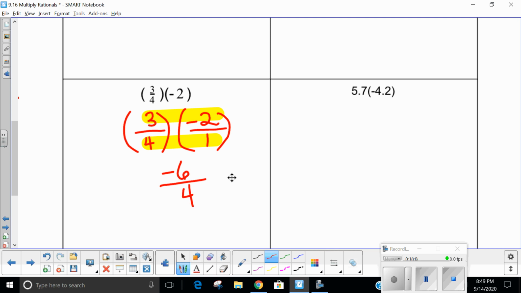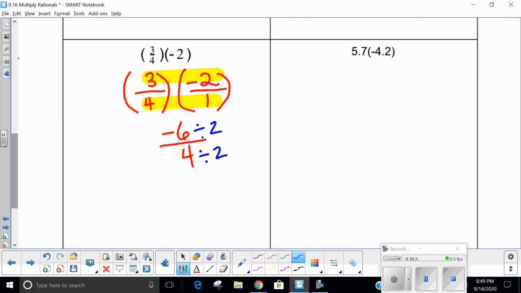Now we want to reduce this further. So I'm looking at this and I notice that these are both even numbers. So I want to make the number smaller. If I want to make it smaller, I have to divide. Since they're even numbers, I know I can divide both of them by 2. So I'm going to have -6 divided by 2. So what is a negative?